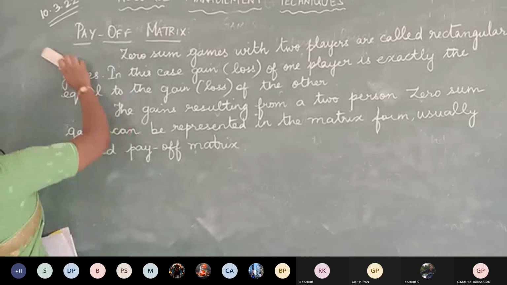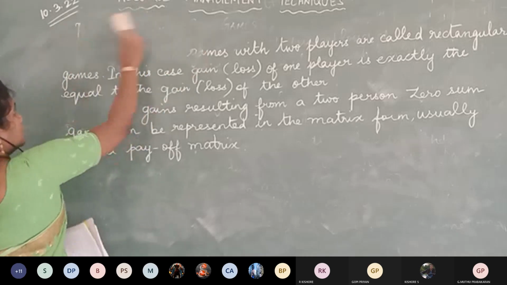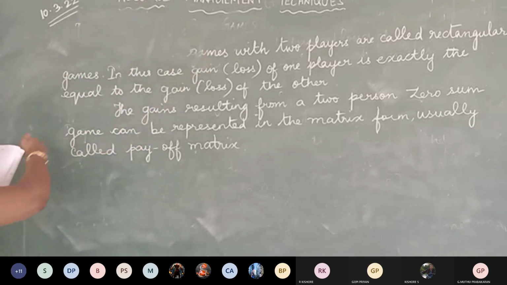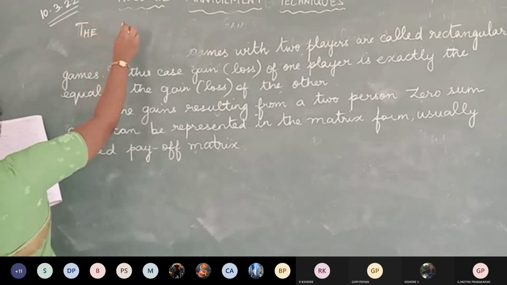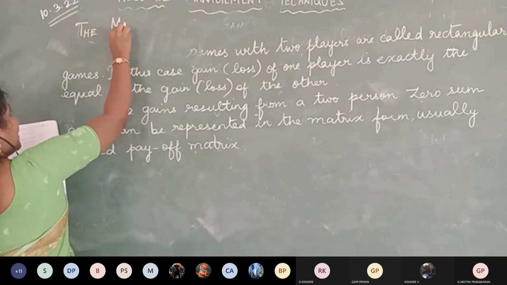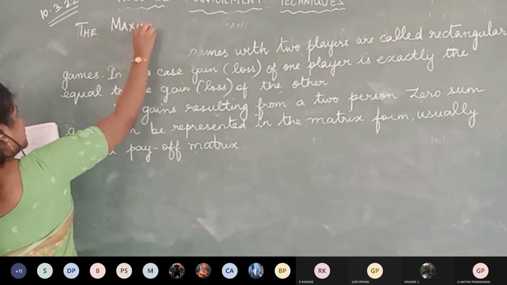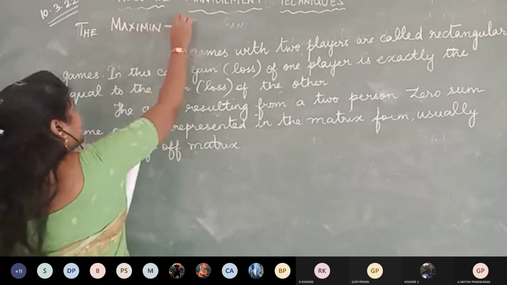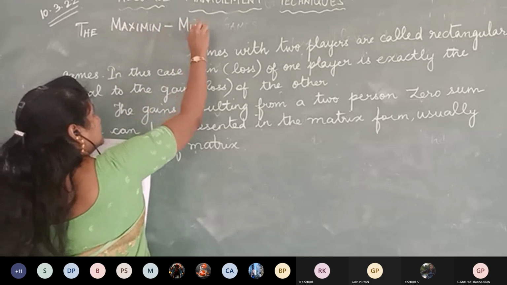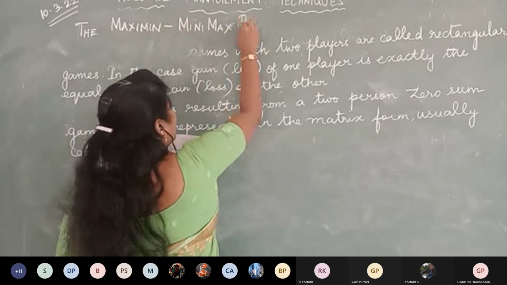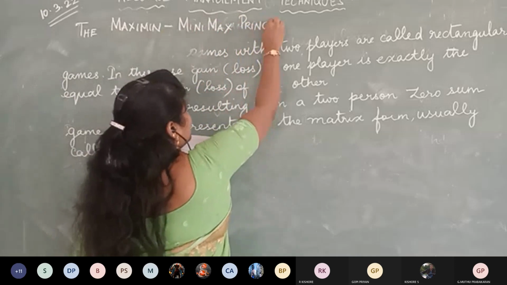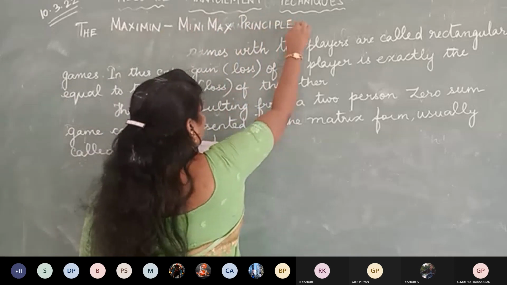Next we will go on to the maximin and minimax principle. First, we will write the procedure, then we will go on to problems.